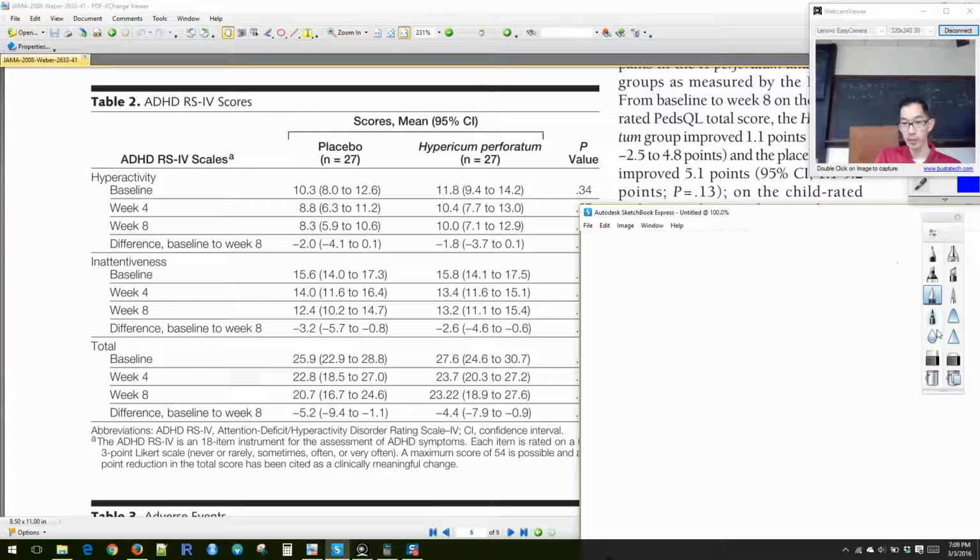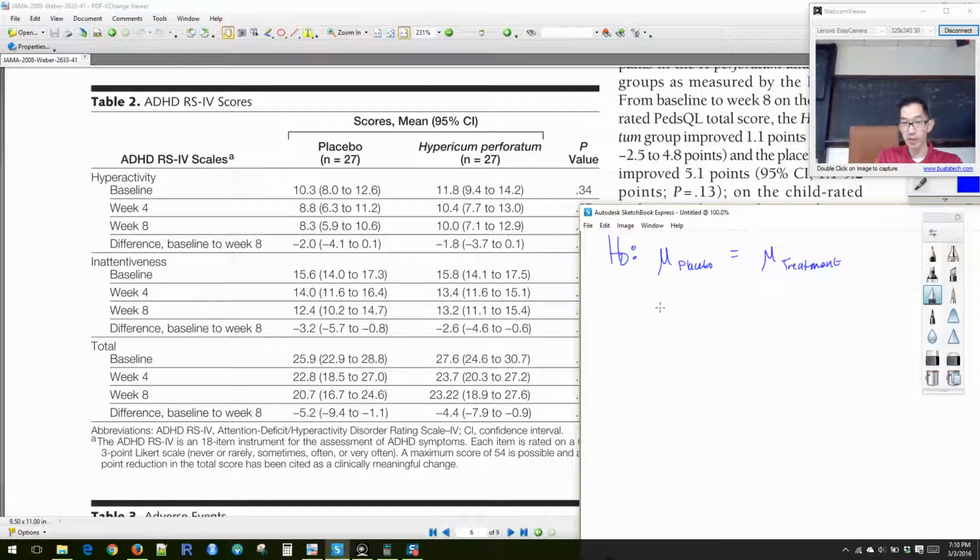So if I were to write these over here, my null hypothesis would be something like, the mean for placebo is equal to the mean for treatment.